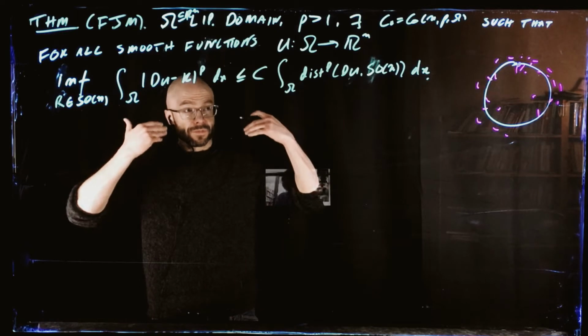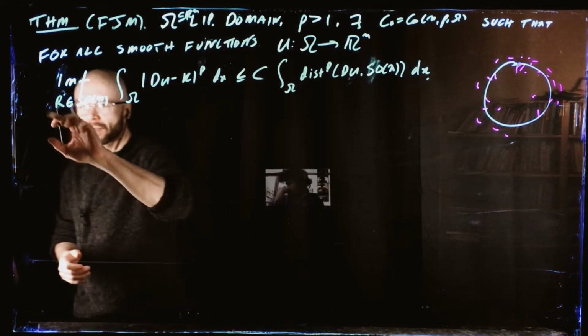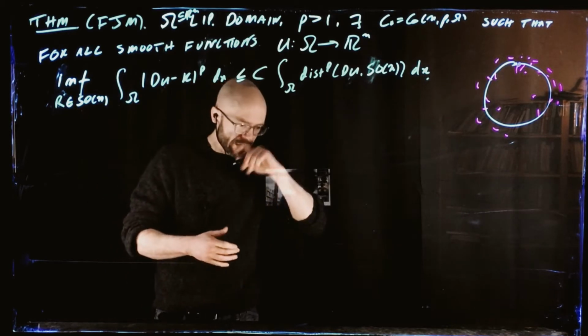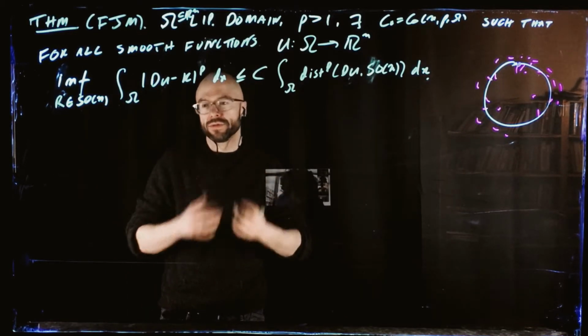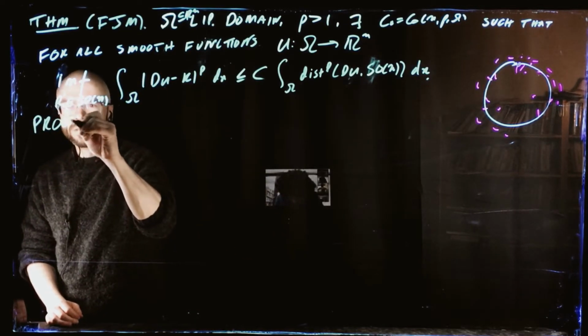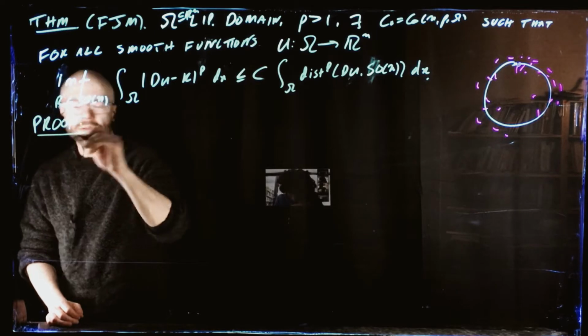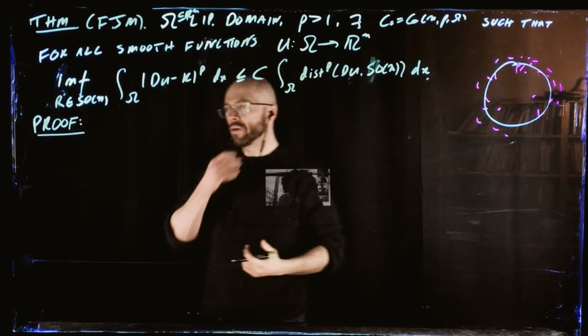So, to prove this, Friesecke, James and Müller used some of the ideas that we used to prove the absolute version of Liouville's theorem. In particular, they used the underlying PDE in an essential way.